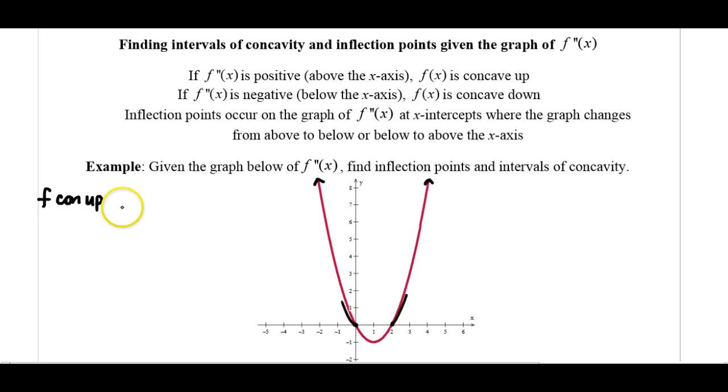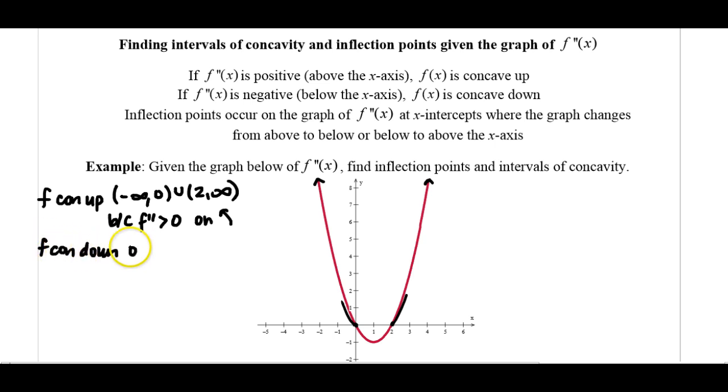So f is concave up from negative infinity to 0 and 2 to infinity, because f double prime is greater than 0 on these intervals. And f is concave down on the interval from 0 to 2, where the second derivative is below the x-axis, or negative, because f double prime is less than 0 on 0 to 2.